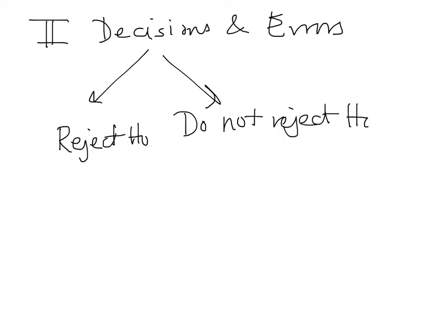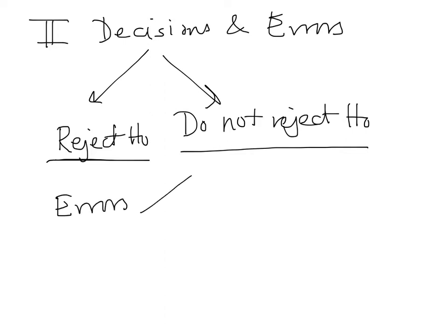These are the vocabulary we use. Reject H naught means, of course, we believe in alternative, and do not reject H naught means we cannot believe in alternative. Now, errors also have two types, type 1 error and type 2 error.